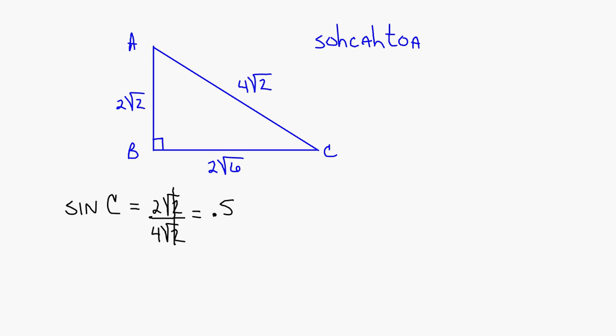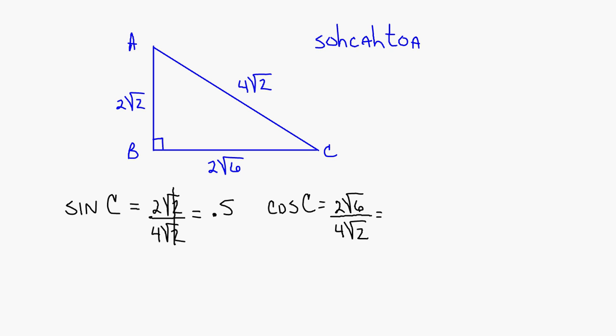Cosine of C. Cosine is adjacent over hypotenuse. Adjacent to C is 2 radical 6. Hypotenuse is still 4 radical 2. All right, now let's do some simplifying here before you start putting it into the calculator.